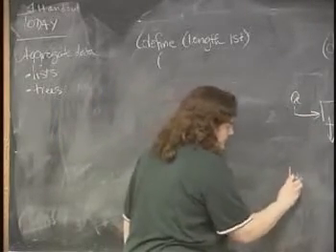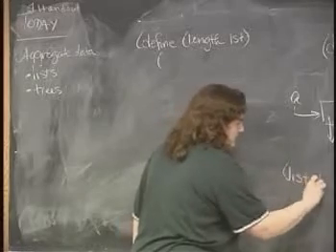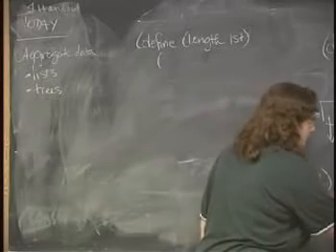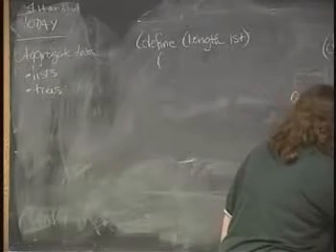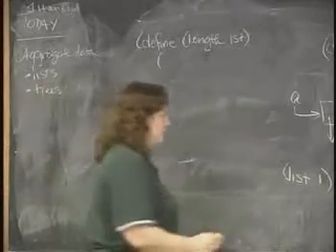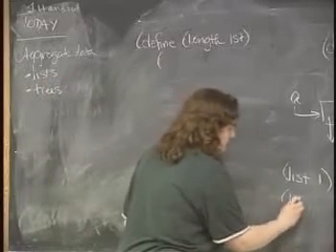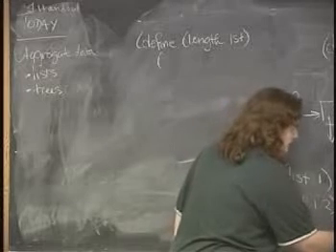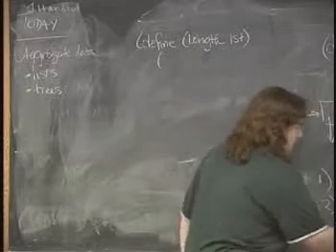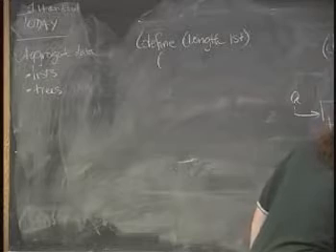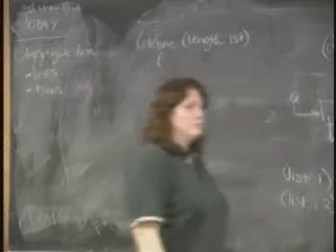When we say list 1, that's equivalent to saying cons 1 nil. Similarly, list 1, 2 is equivalent to saying cons 1 to the cons of 2 and nil.